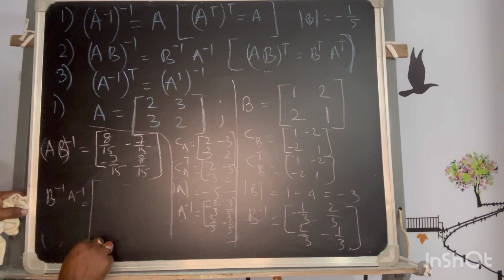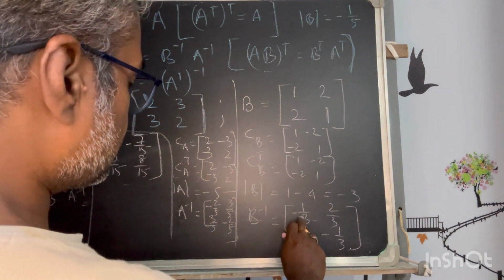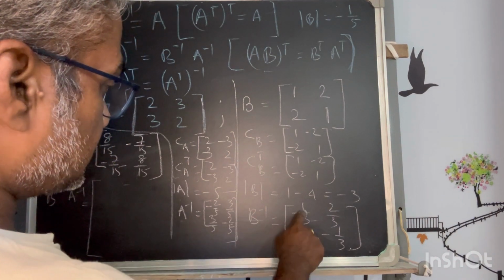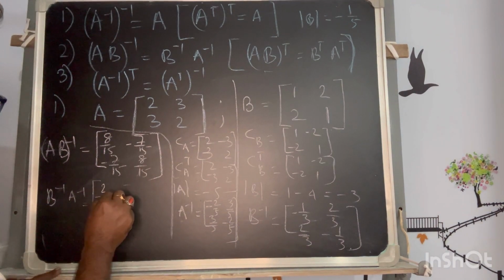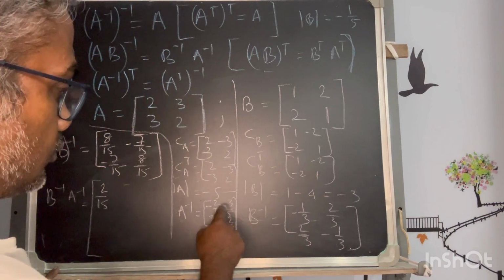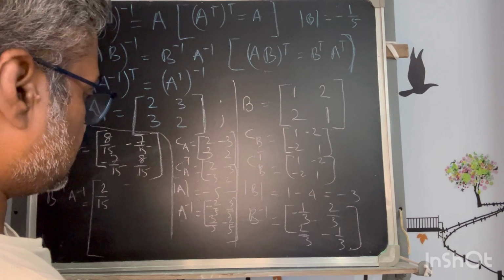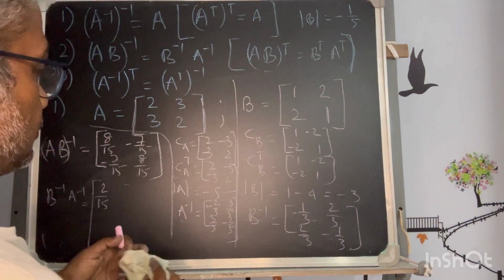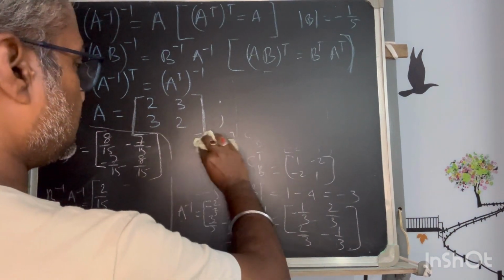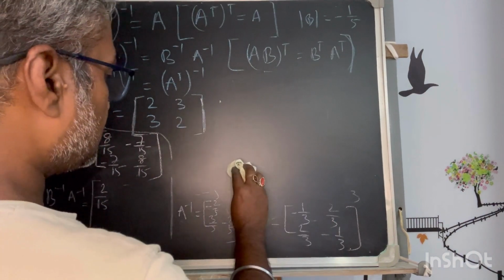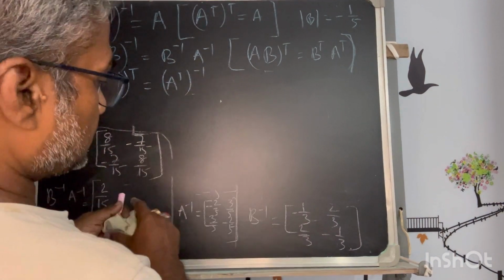Okay, so what is that? B inverse means this one, minus 1 by 3 into minus 2 by 5, that is equal to 2 by 15. Sorry, let me write it somewhere so that the orientation is okay. I will only work with this. I don't need this one because I have already calculated it.